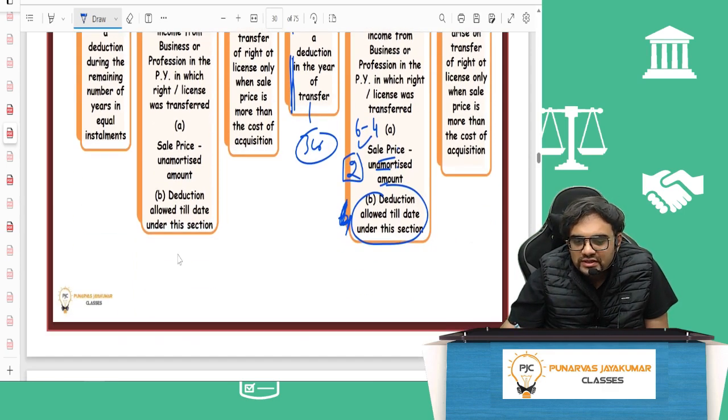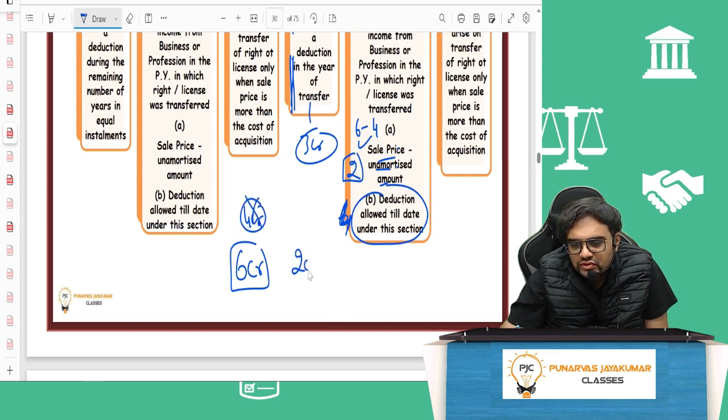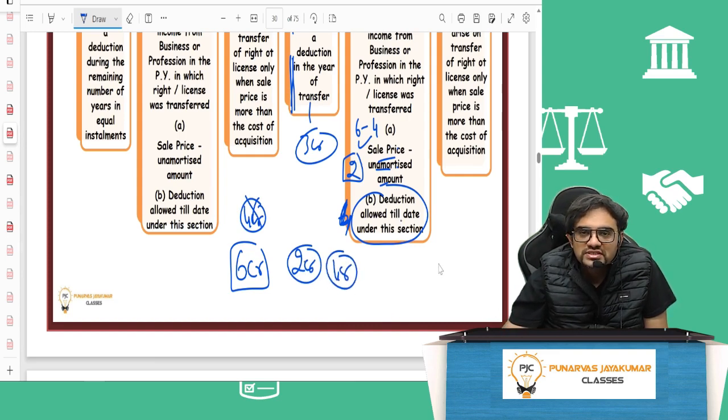Basically, they're trying to tell that if I had not sold at all, I would have fully debited 6 crore over the next 3 years. But since I have recovered part of it now, the remaining I will debit. Either I will do this or whatever deduction is allowed till date, that 4 crore, whichever is less will be chargeable. Here obviously it will be 2 crore.